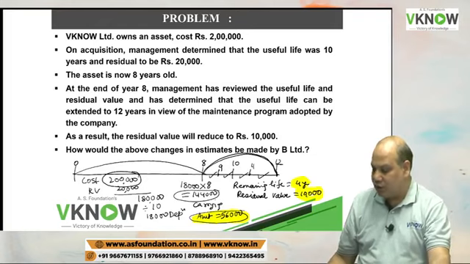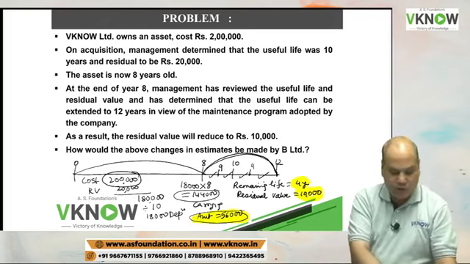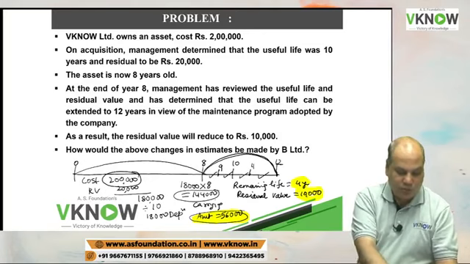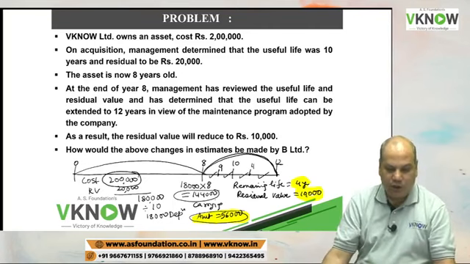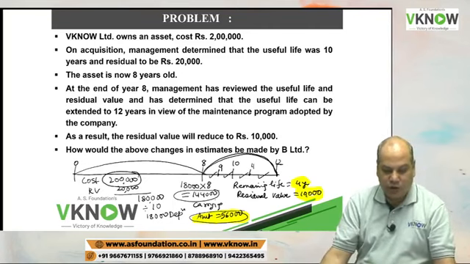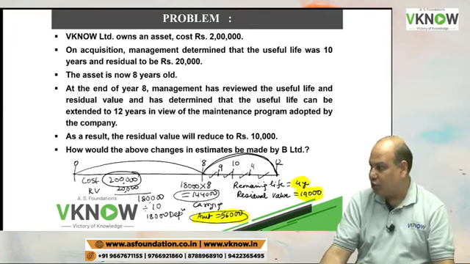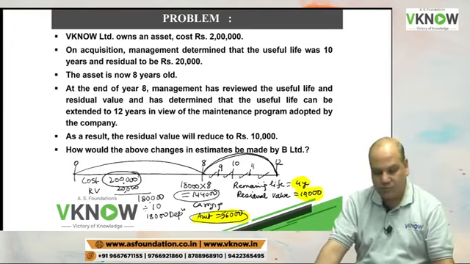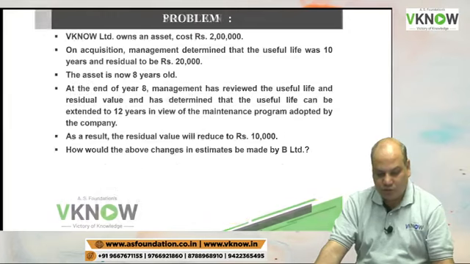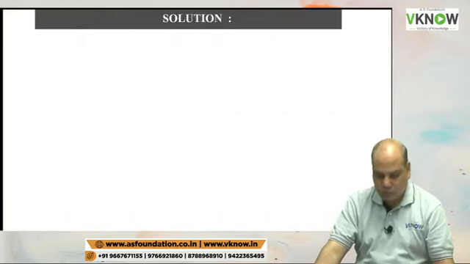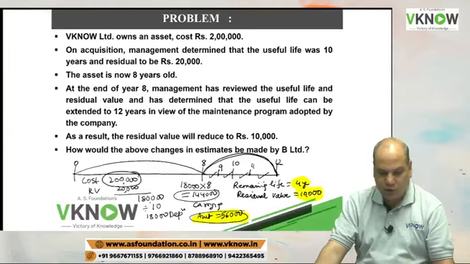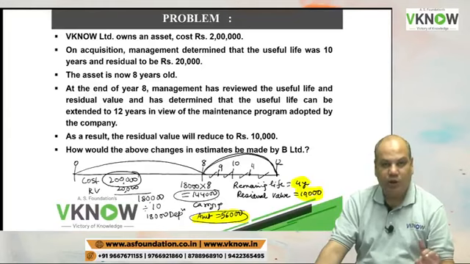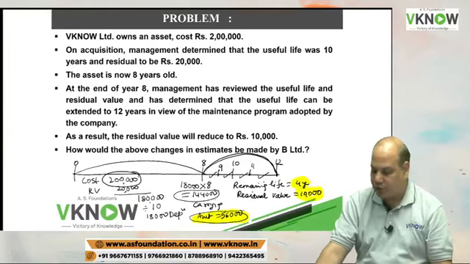So you will first take 56,000 minus 10,000 divide by 4. So 11,500. So the answer is 11,500, and the effect will be given prospectively.